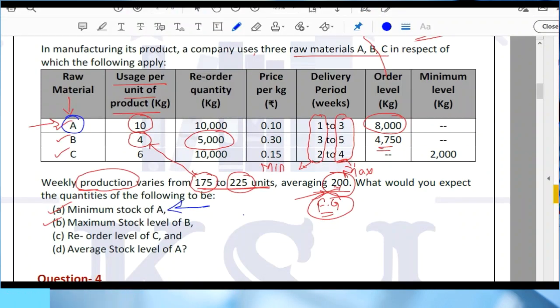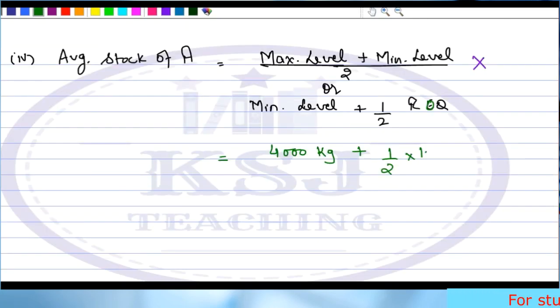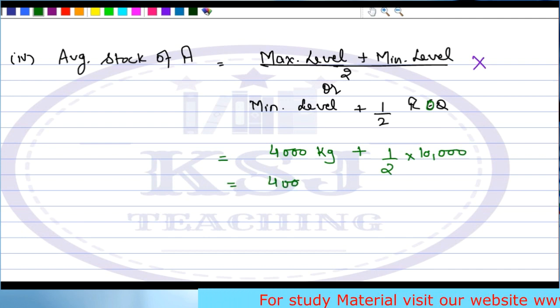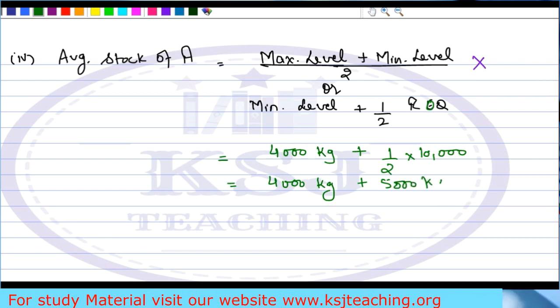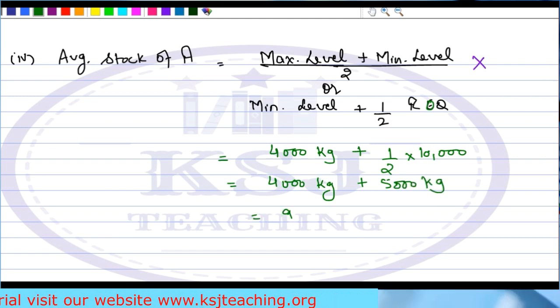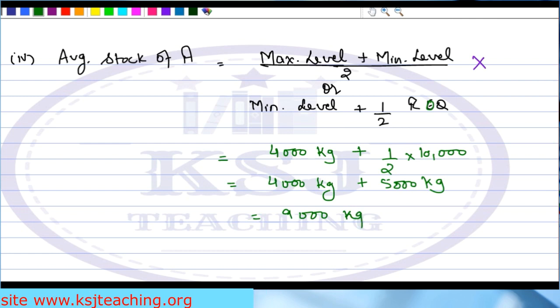What is the reorder quantity? 10,000 units. So I can apply this, multiplied by 10,000 units. That means 4,000 kg plus 5,000 kg. That is total of 9,000 kg.